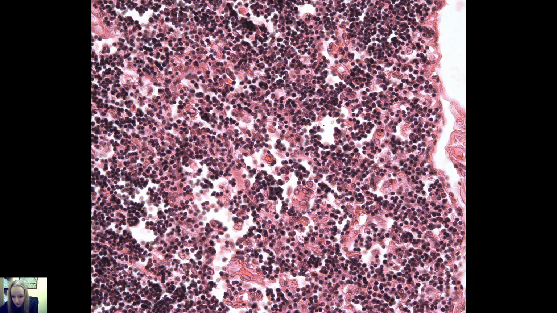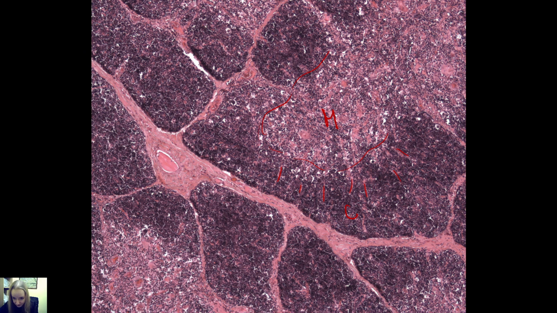But what is really happening in the thymus is that, as I told you before, we have many T lymphocytes here in the cortex and fewer T lymphocytes here in the medulla. And what's happening? In the cortex, we differentiate something called positive selection. In the medulla, we talk about negative selection.